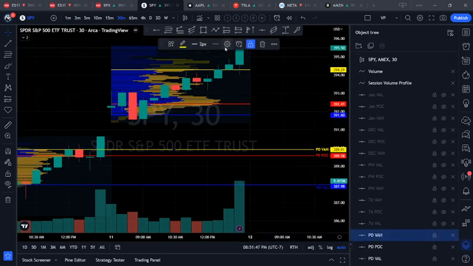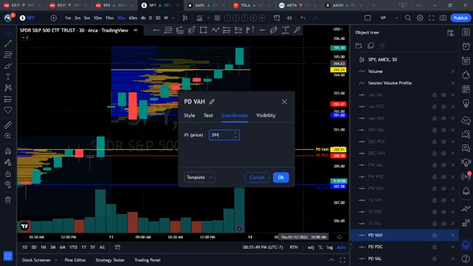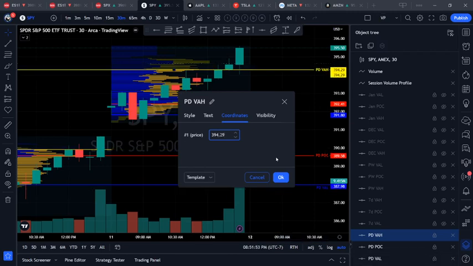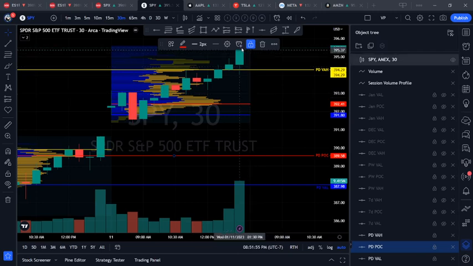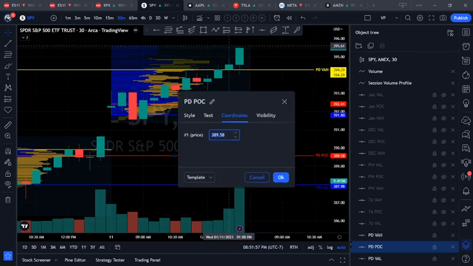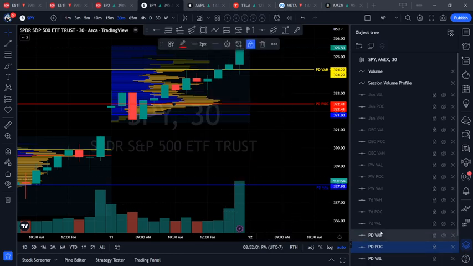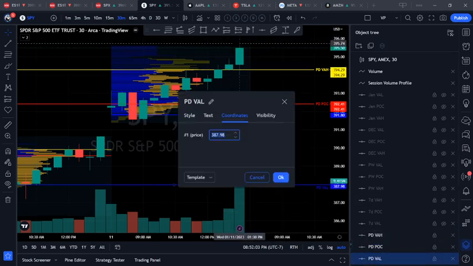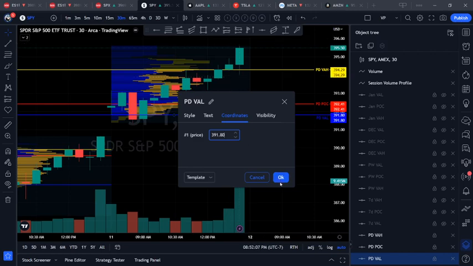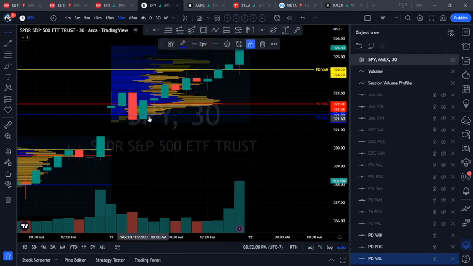All right, we're on the daily levels for SPY now. 394.29 for value area high, 392.41 for POC, and value area low 391.80. I almost grabbed calls actually right down in here.